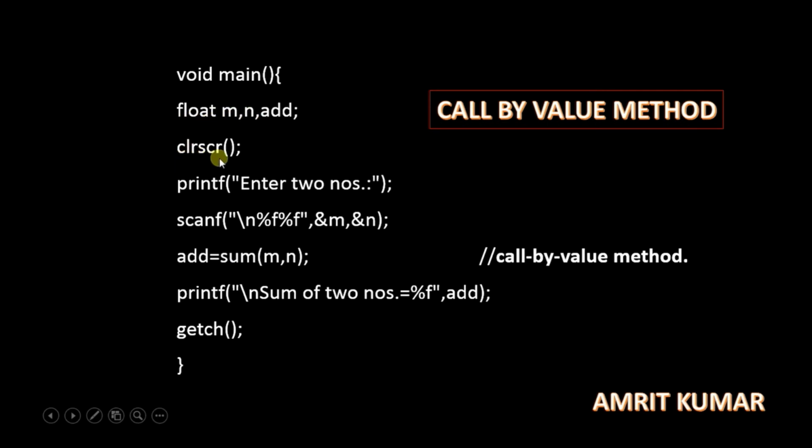I am using the clrscr function, whose work is to clear the screen. Then finally I am using the printf function, and the printf function helps us to display a message on the screen. Therefore I am displaying "enter two number" on the screen.